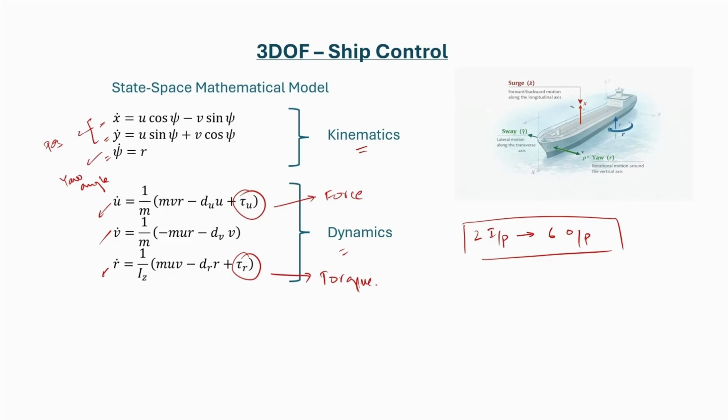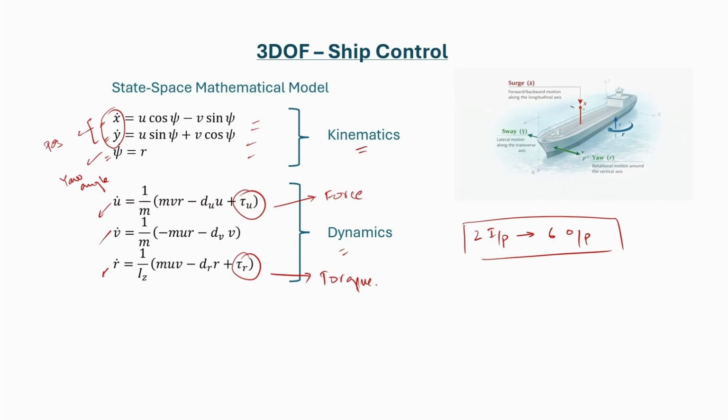We can see that because the number of inputs is less than the number of outputs. And it is a challenge to design the control input for the 3 degree of freedom ship because the goal is to control and achieve the position x and y, but it does not have any control inputs in these equations. So we have to control the position, which is actually part of kinematics, indirectly using dynamics.